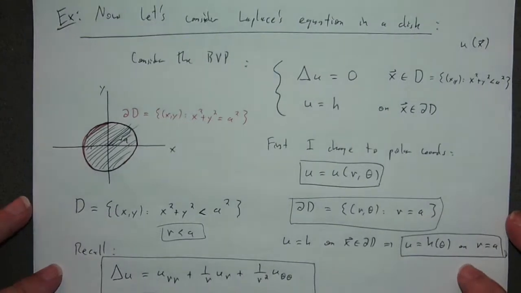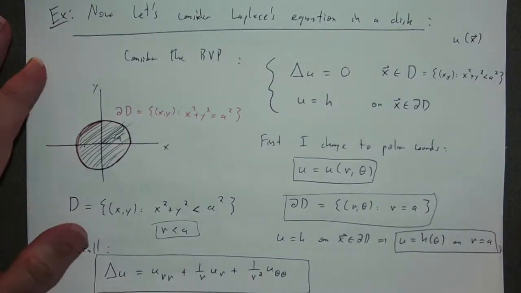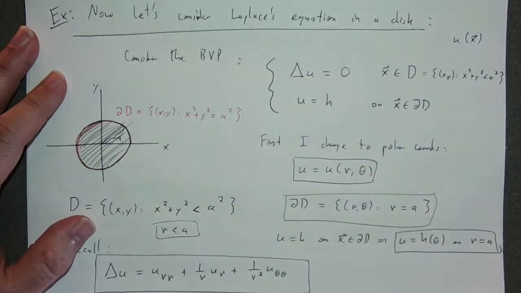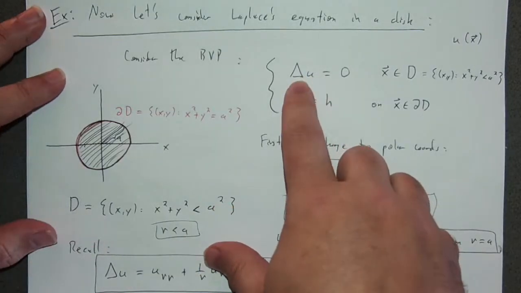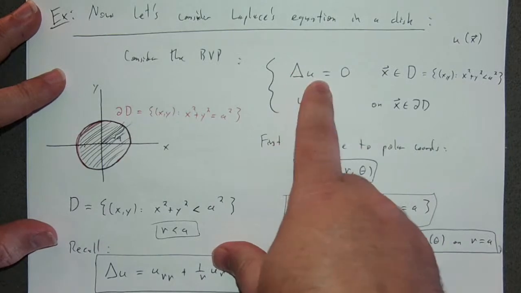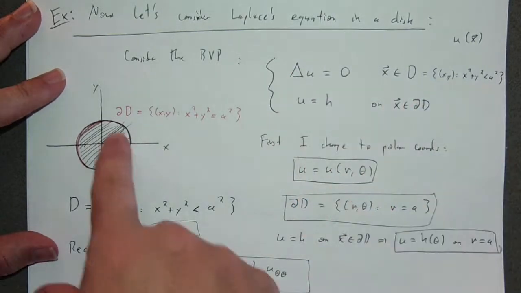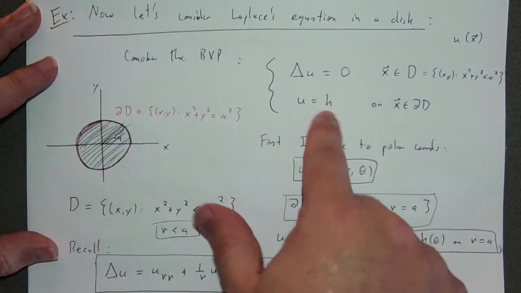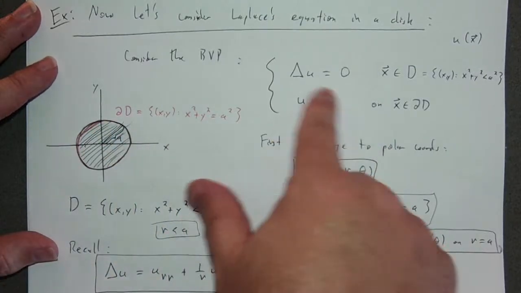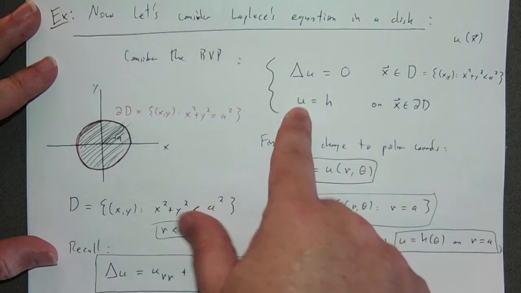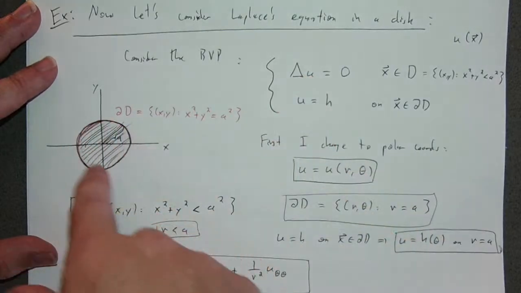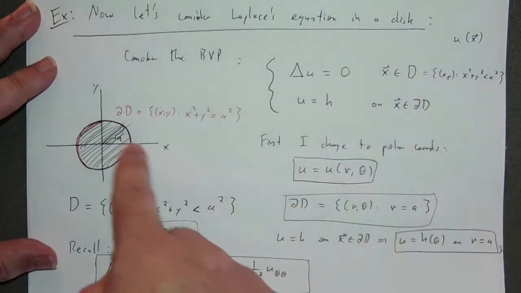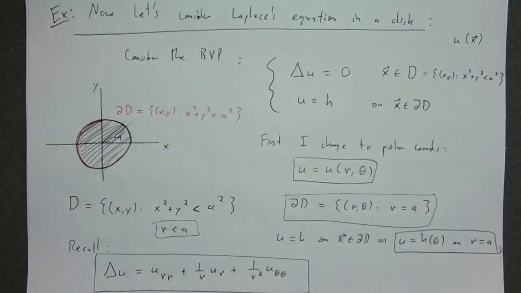Just remember from yesterday, the idea is I am seeking a solution to Laplace's equation, so something whose Laplacian is 0 on the interior of this disk. And on the boundary of this disk, I have some prescribed value of the function, right? So the function u that I seek has this prescribed functional value h, where h is some function defined on this boundary here.